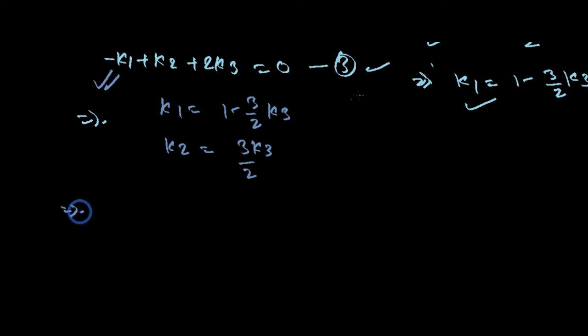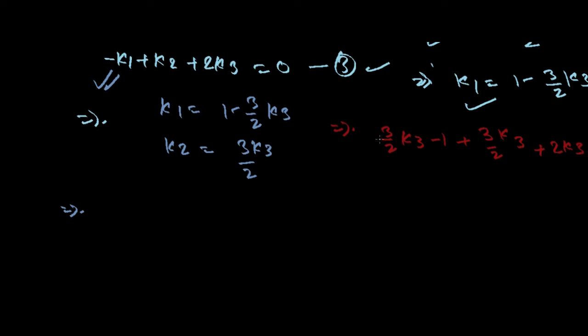So we'll get minus of K1, which becomes 3 by 2 K3 minus 1, then K2 becomes plus 3 by 2 K3, plus 2K3, right?